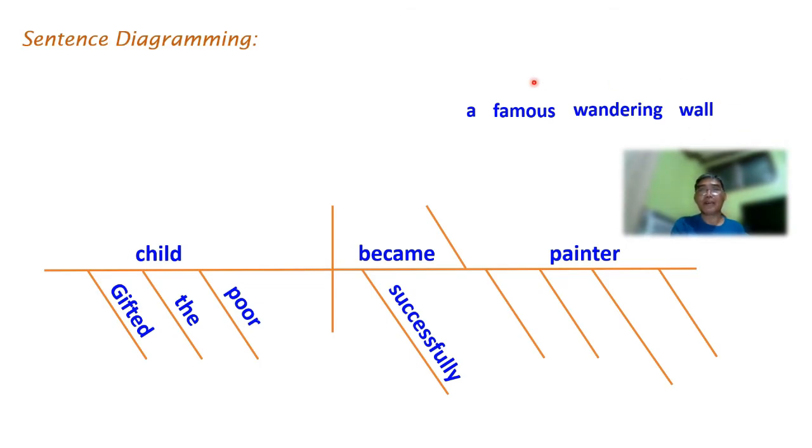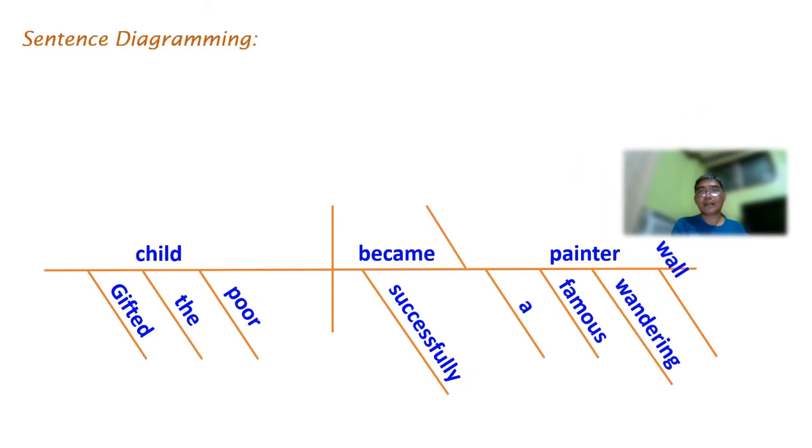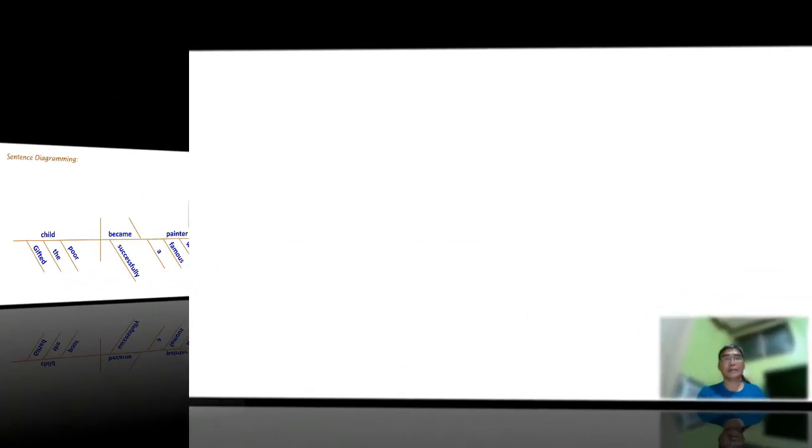So we have to put these words on these four slanting lines. This is the correct diagram of the given sentence. Gifted, the poor child successfully became a famous wandering wall painter.